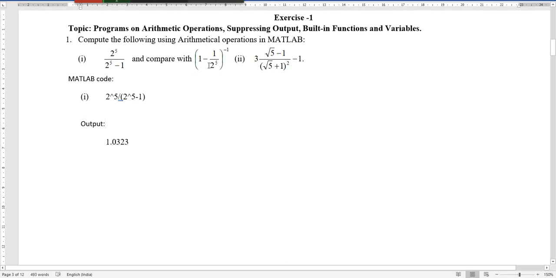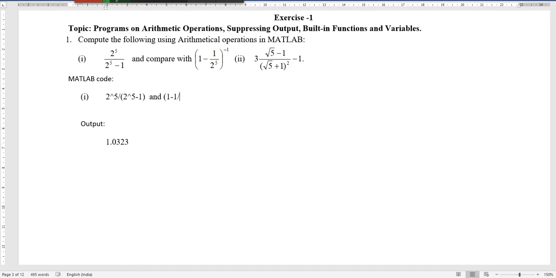And we have one more question. How to find this value? Now coming to code, again code. First open bracket 1. This is the code. I will write the second value here: open bracket 1 minus 1 divided by, now observe, we have two types of divisions, right division and left division.